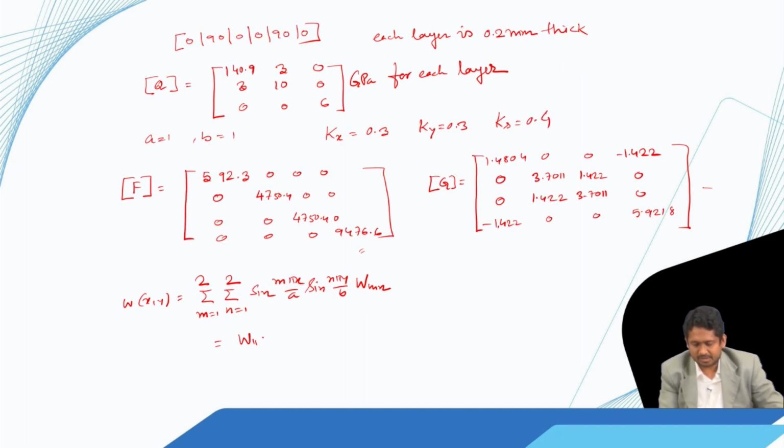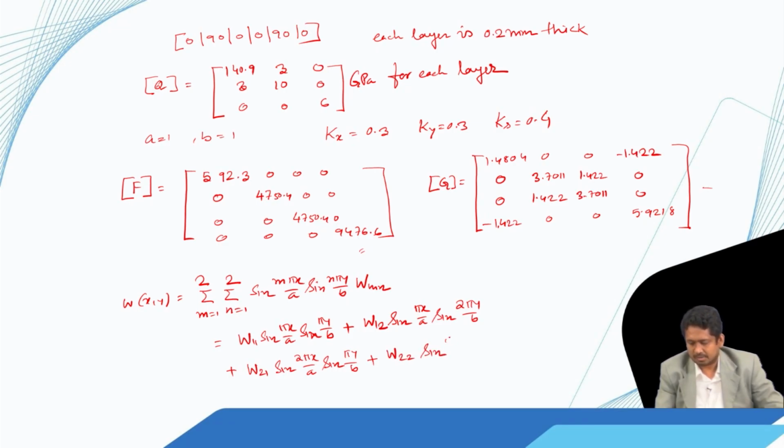it is W11 sin pi x by a into sin pi y by b plus W12 into sin pi x by a into sin 2 pi y by b plus W21 into sin 2 pi x by a into sin pi y by b plus W22 into sin 2 pi x by a multiplied by sin 2 pi y by b.